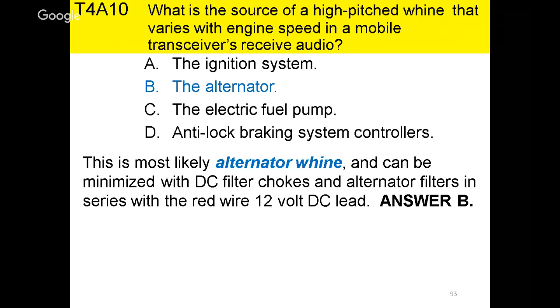It's always best that your radio is powered directly from the battery and that both leads not only have fuses on them, but also a filter or a choke on your power line leads to minimize or even eliminate that alternator whine.